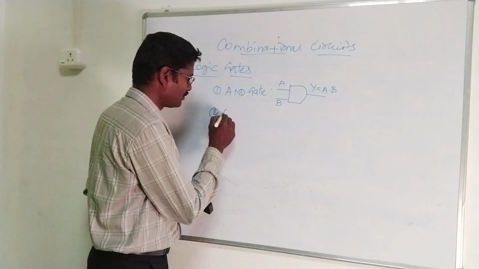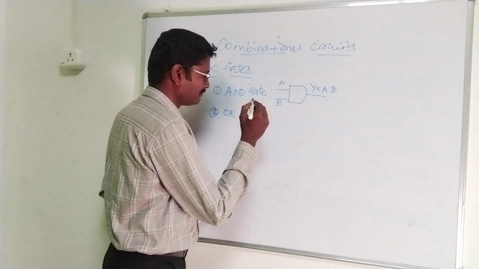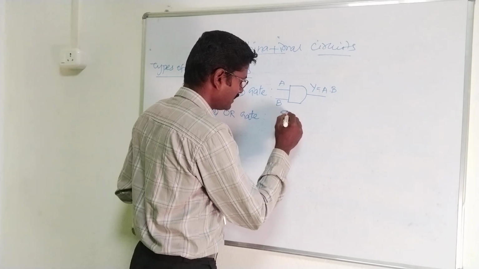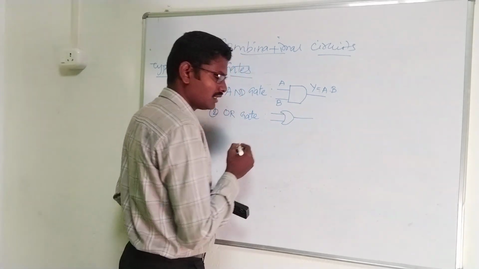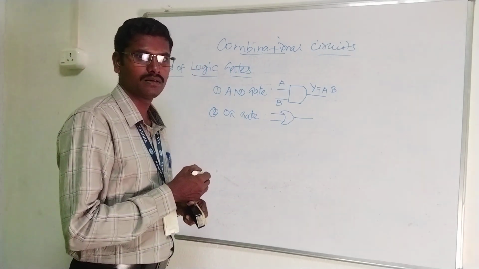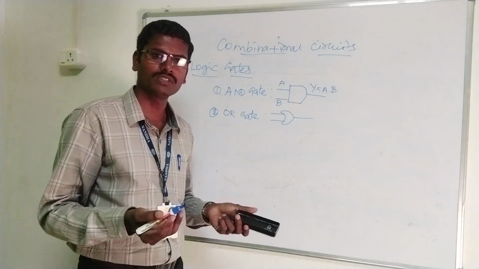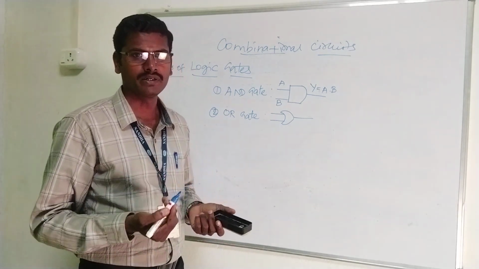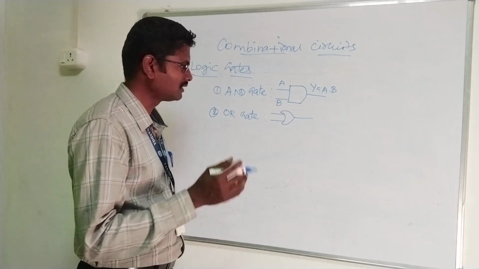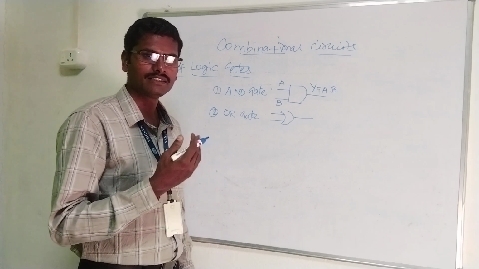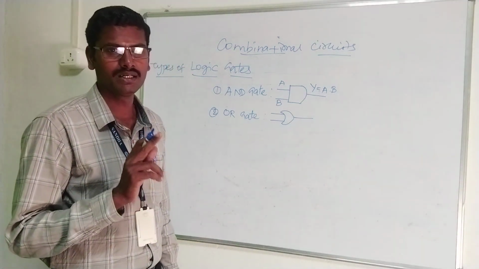The next type of logic gate is the OR gate. Normally we will have two-input AND gates and OR gates, or based on the application we'll use three-input gates. The number of inputs does not matter; we have two-input gates as well as three-input gates. But the output is always a single output.